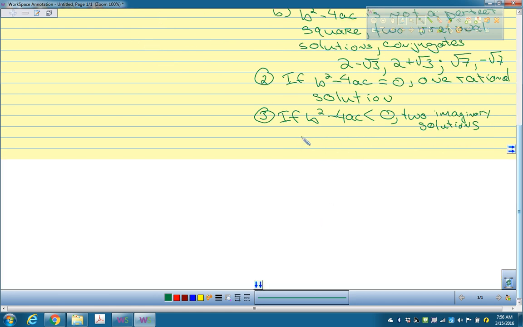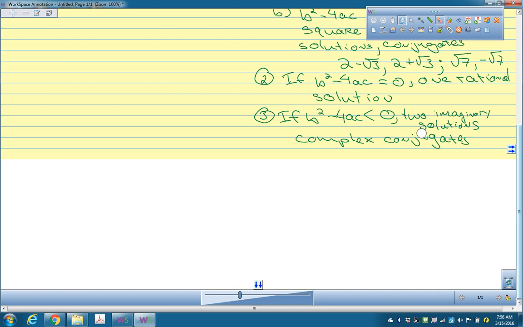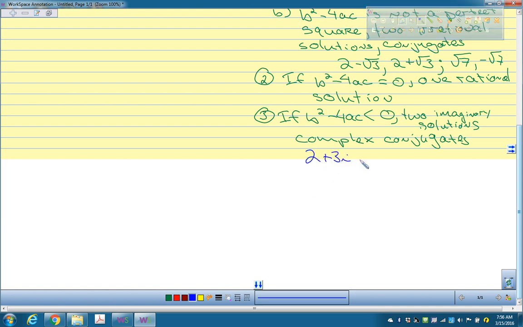Complex conjugates, as in, for example, 2 plus 3i. What's the complex conjugate of 2 plus 3i? 2 minus 3i, okay?